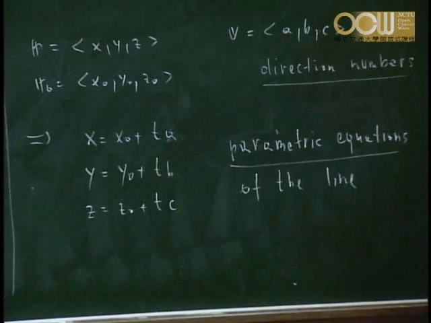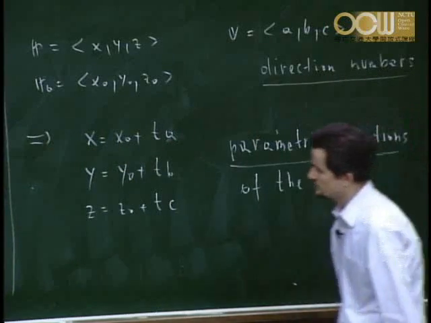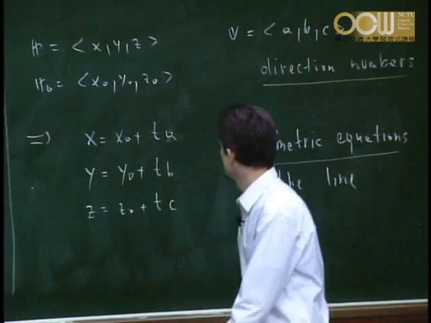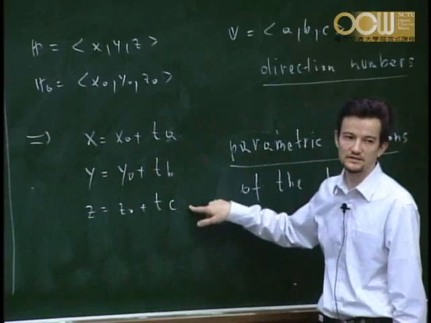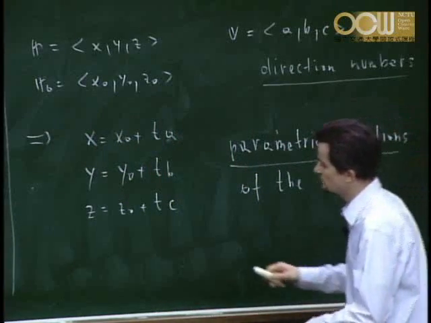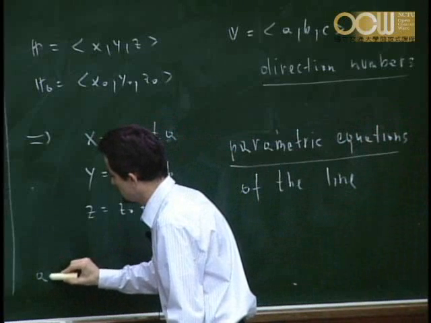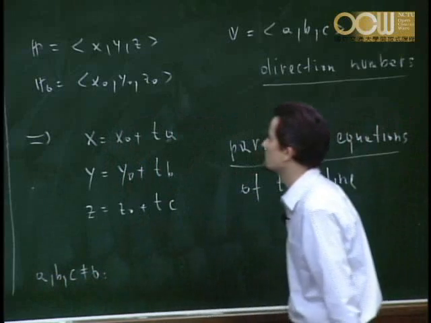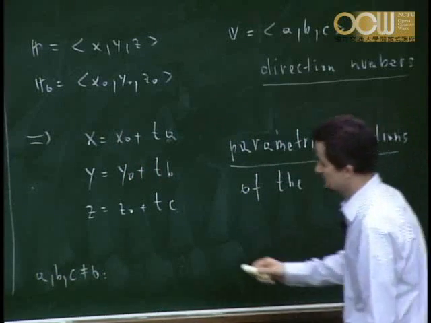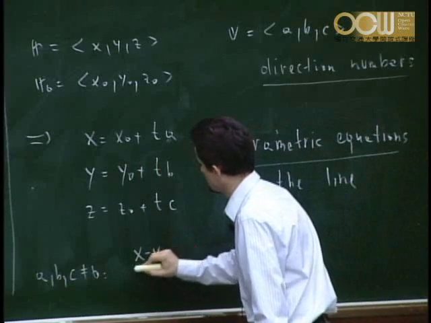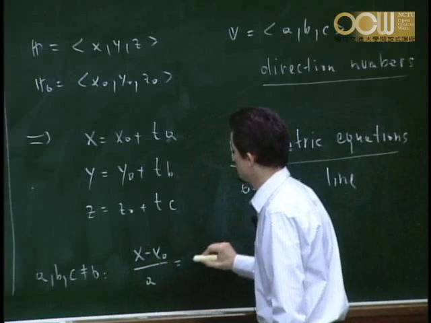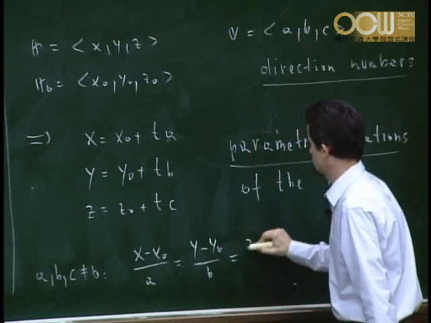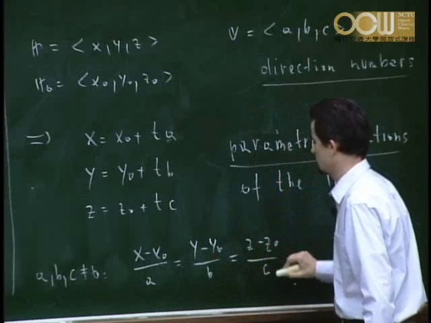Okay, and there is yet a final way to describe a line in space, which you get by eliminating the parameter here. Let's assume that a, b, and c are all not equal to 0. Then you get that x minus x0 over a is equal to y minus y0 over b is equal to z minus z0 over c.